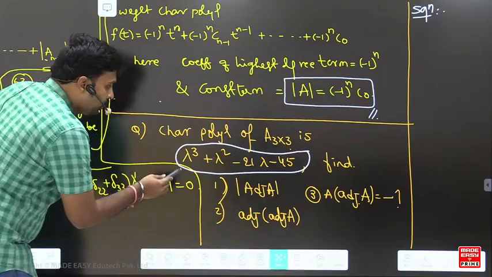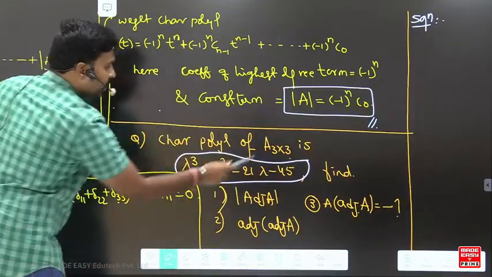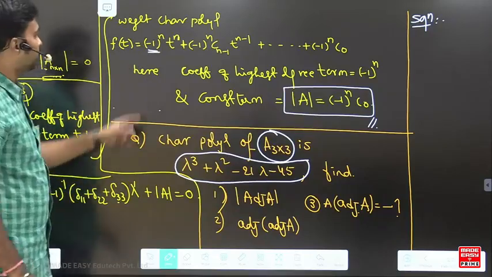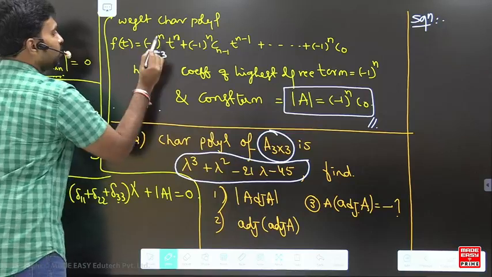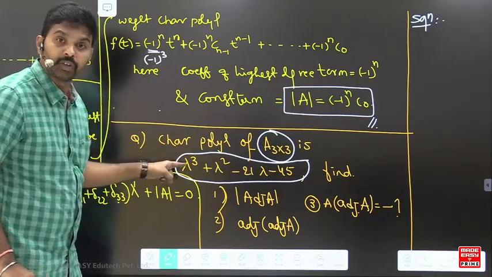For a 3 by 3 matrix, what should be the coefficient of the highest degree term? It must be (-1)^3, that is minus. But is it minus?